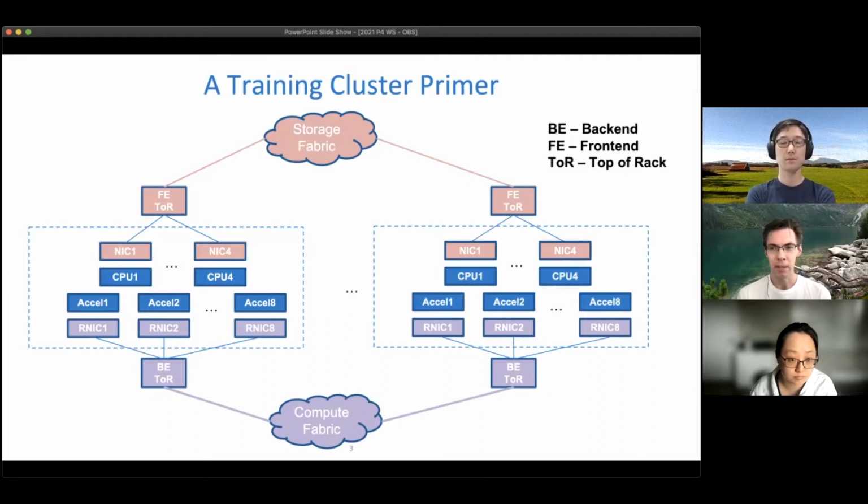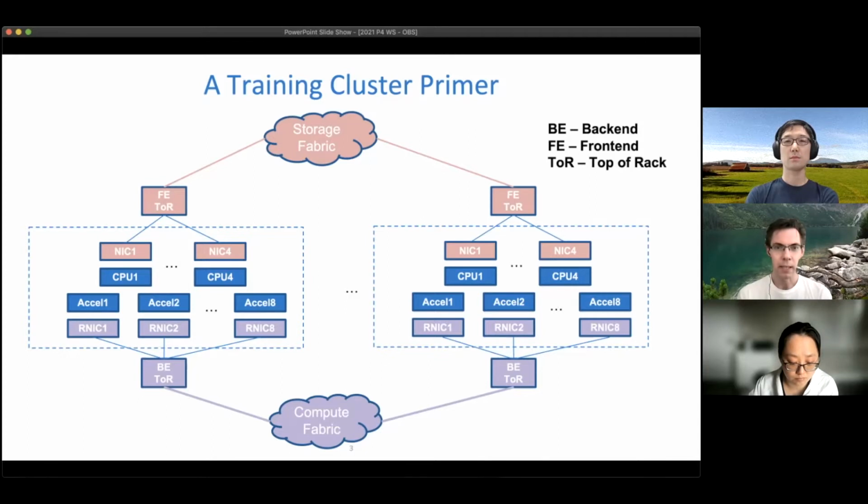The accelerators are typically GPUs or something along these lines that can perform the intense math that we need for ML. And I think the most important part about this diagram is that every node has, in this instantiation, 8 accelerators and 4 CPUs, and they connect to different fabrics using different NICs.